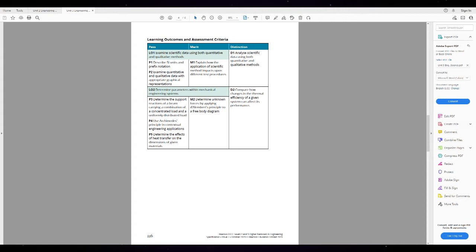So does that make sense that the first assignment will cover these 5 pass, 2 merit, 2 distinctions. P3 will form part of learning outcome 2, but the data you obtain from the practical that you do will then allow us to examine the quantitative and qualitative data.